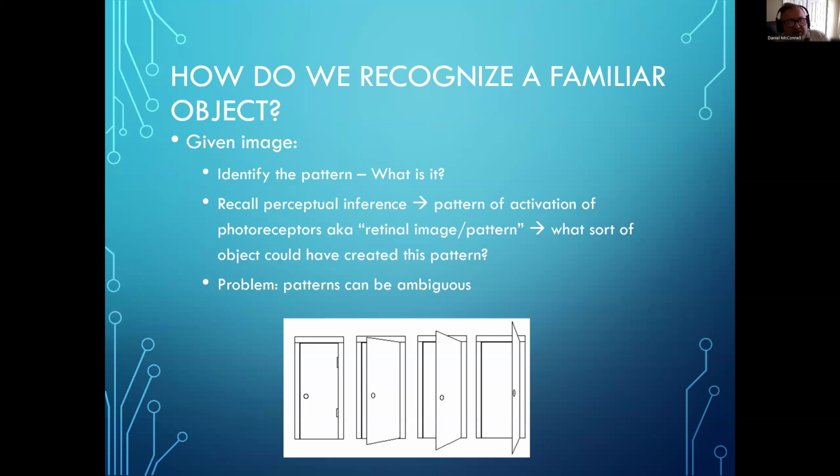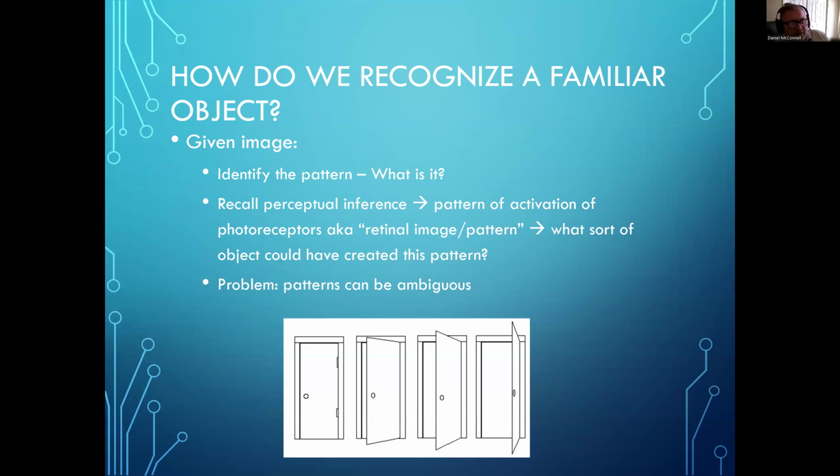So we can see the object that is unfamiliar to us in a way that is equally detailed and as rich an experience as the familiar object. The crucial difference is simply that we don't know what it is, and therefore we don't have a name for it.